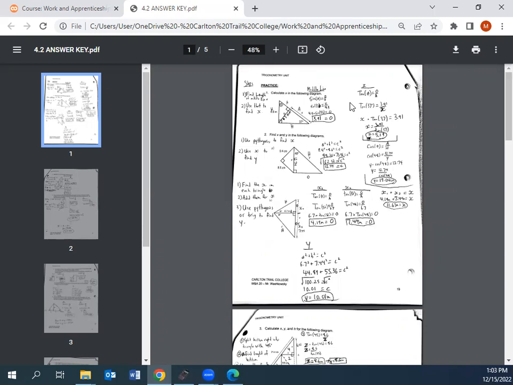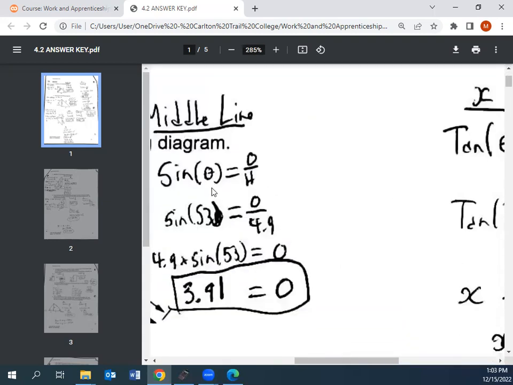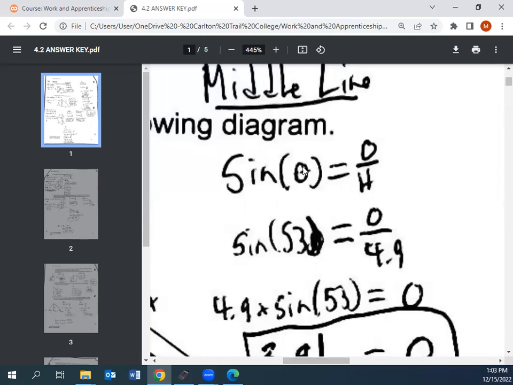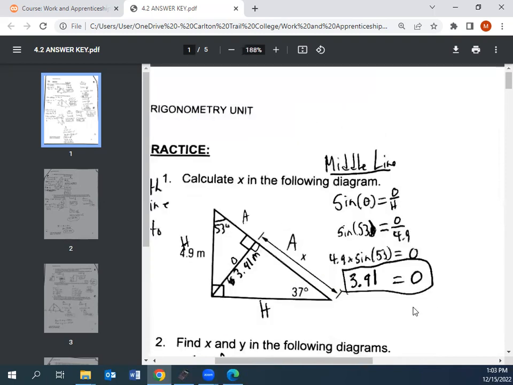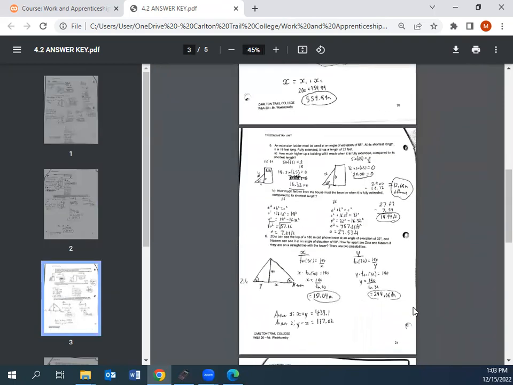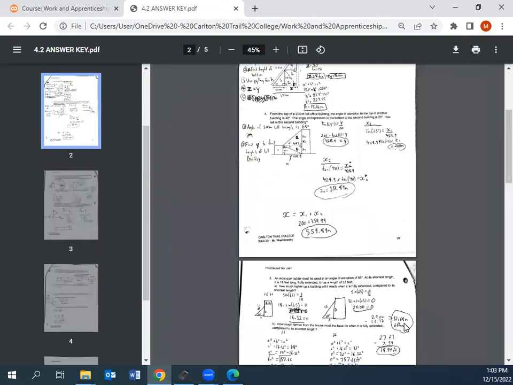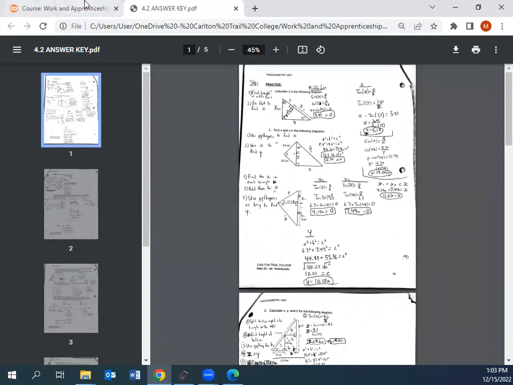So instead of putting the blank formula, maybe just go straight to filling it in. Instead of sine of theta is equal to opposite over hypotenuse, sine of 53 is O over 4.9, and then do it, right? Save some lines, that's okay. But I just wanted to point that out. You don't have a lot of space to work with sometimes. Okay. So you have that up there.